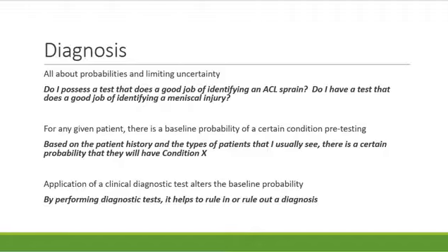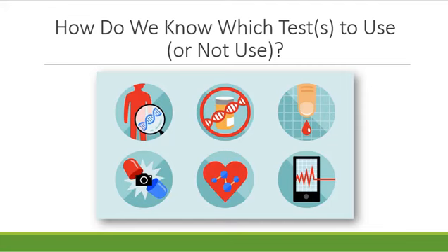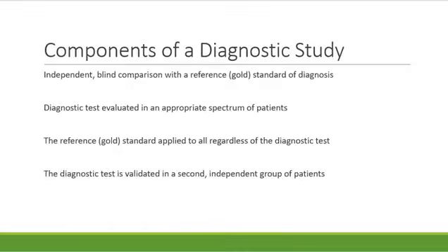So again, by performing those diagnostic tests, it helps us to rule in or rule out the diagnosis. How do we know which test or tests to use or not to use? Well, one way is through evaluating the research literature.